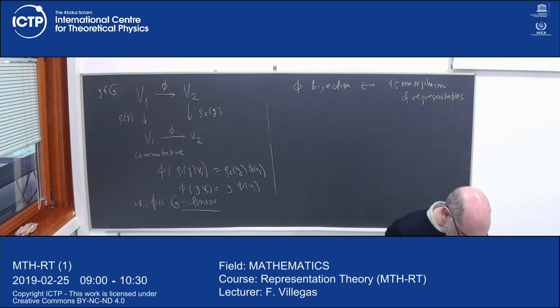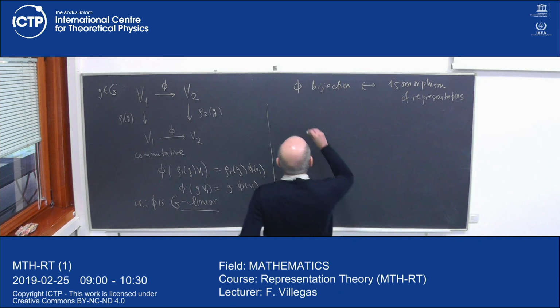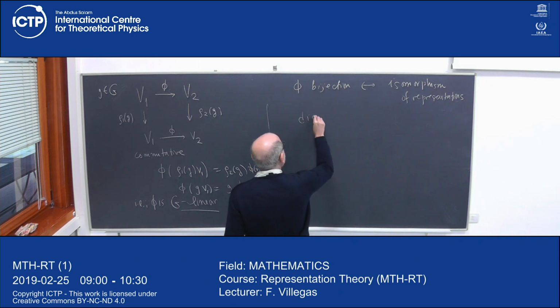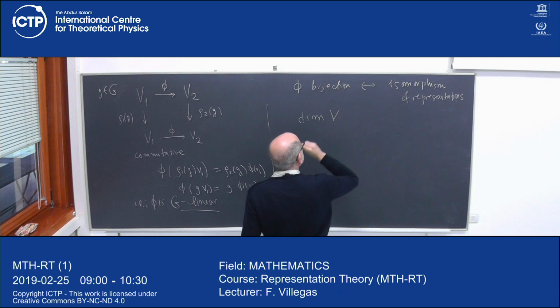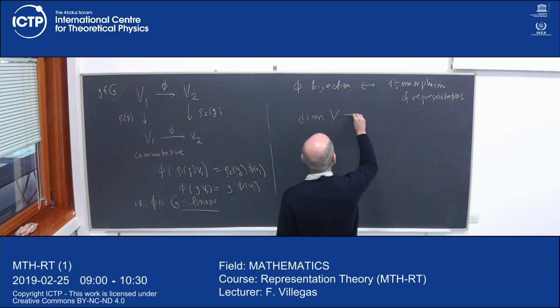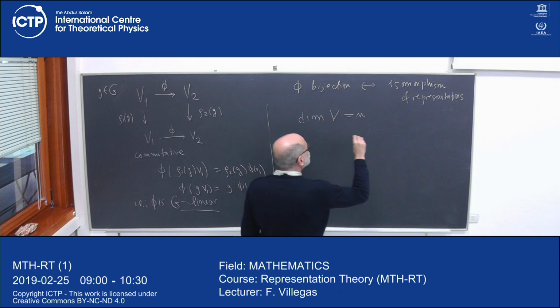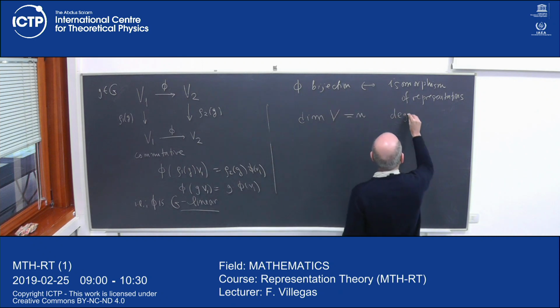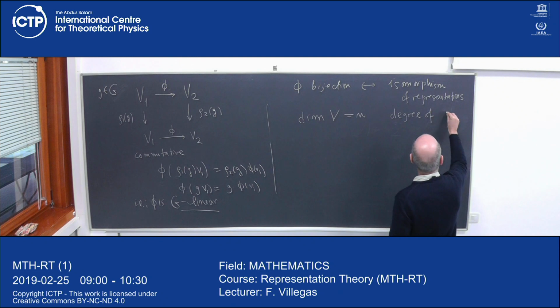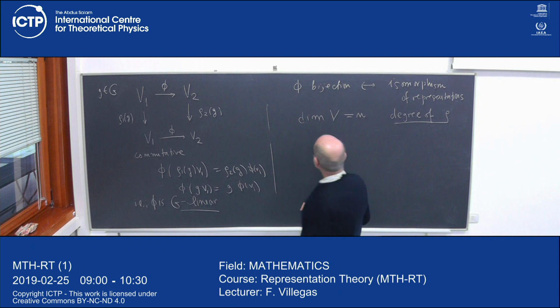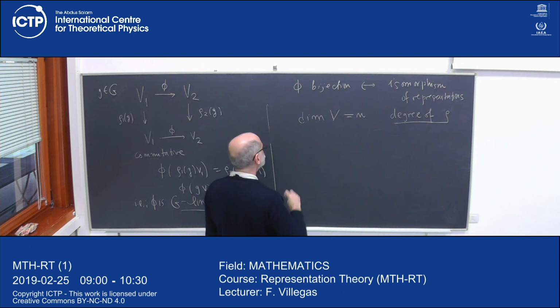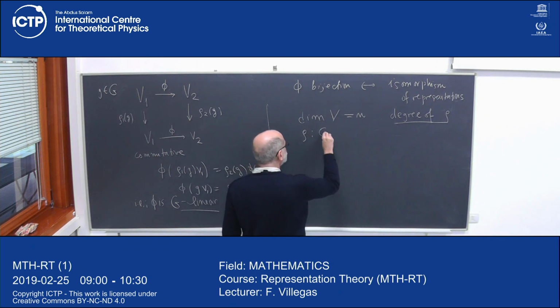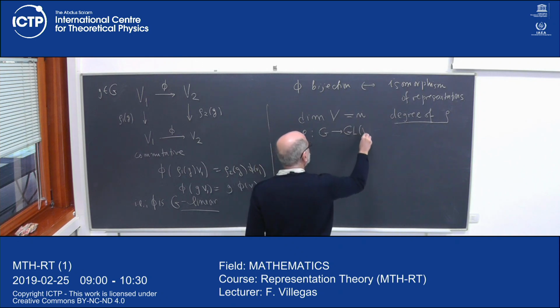So let's start with something very, very simple, but somewhat misleading in its simplicity. If we have a representation on a vector space V and n is the dimension, a standard name for this is the degree of the representation. We'll abuse notation often, and this is kind of standard.